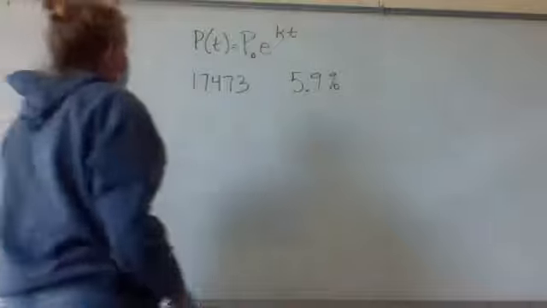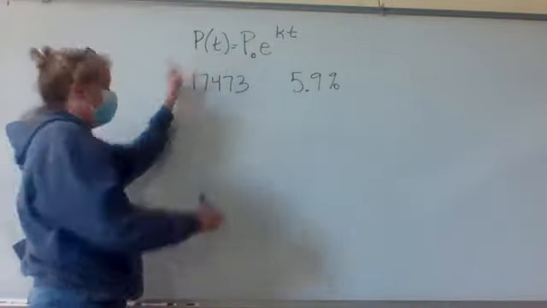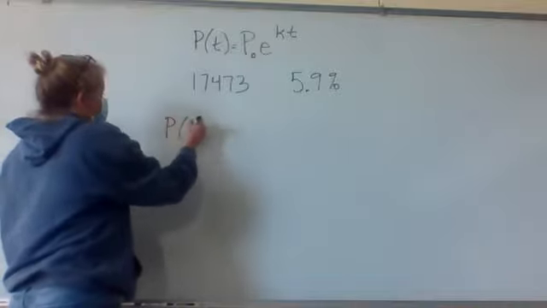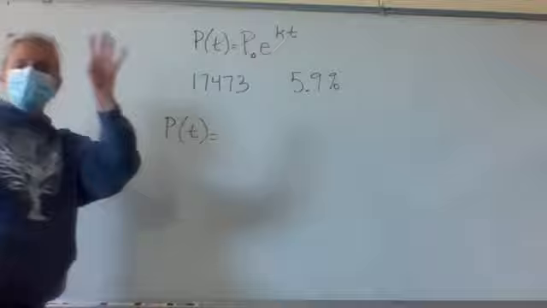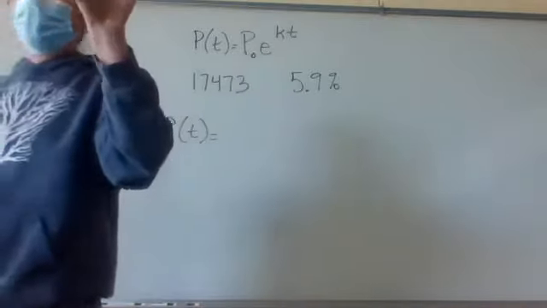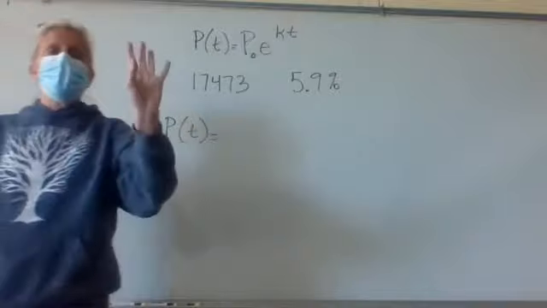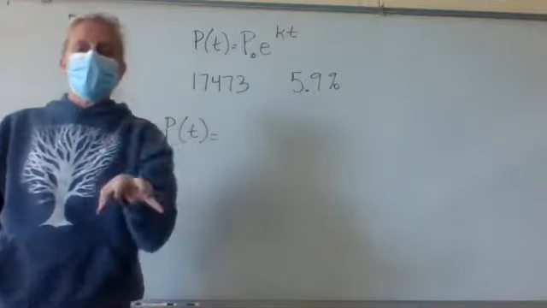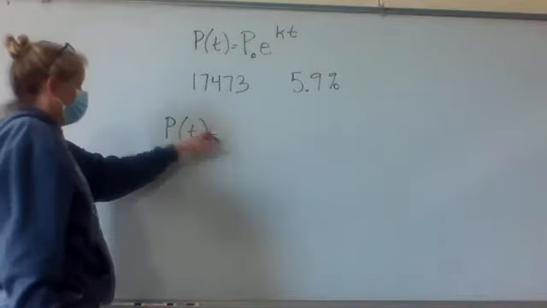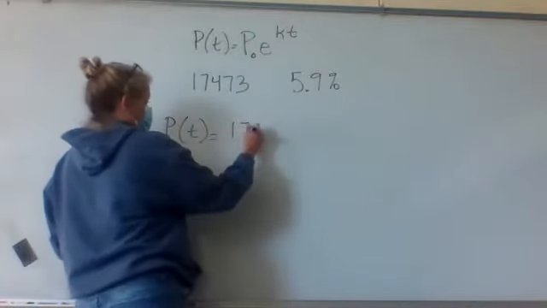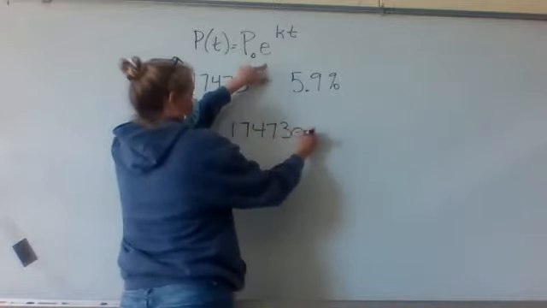So I don't know the t. If I don't know t, I still have P of t. Because what does the P with the little 0 mean? That's your starting amount. Remember, it can be whatever you're talking about, population, money, anything. It is your starting amount. Well, what is the starting amount that you had invested? 17,473.